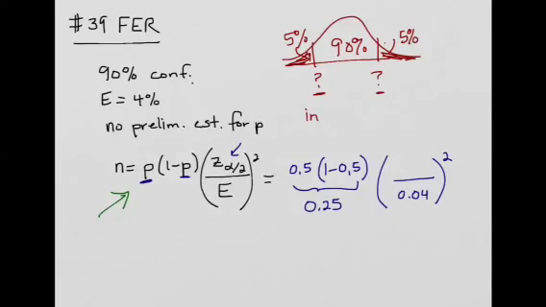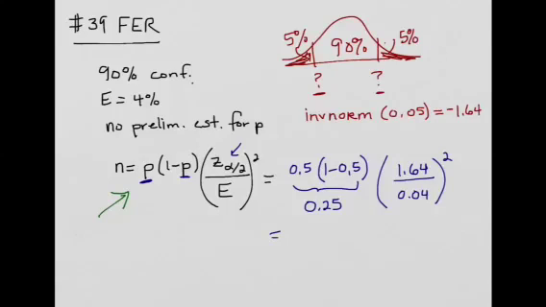So I'm going to use inverse norm, and I'm going to just use 5%, and that gives me a negative 1.64, rounded to 2 decimal places. So that's what I'll put into my formula, 1.64. Notice I dropped the negative. It doesn't matter whether I put in the negative or not, because I'm squaring anyway. It's going to go away.